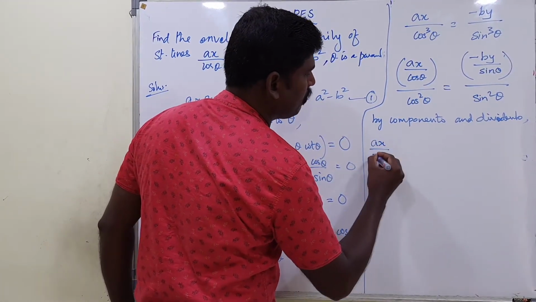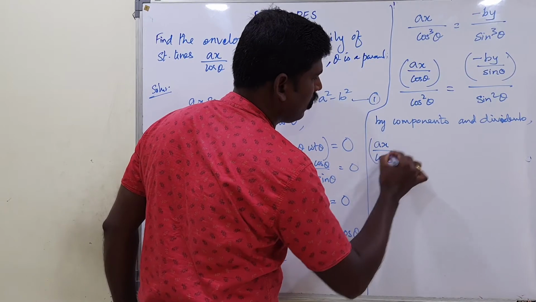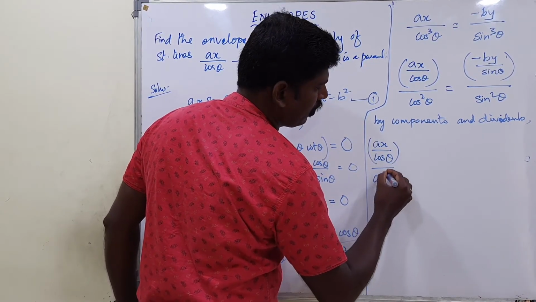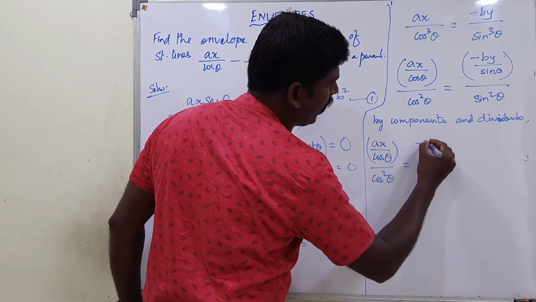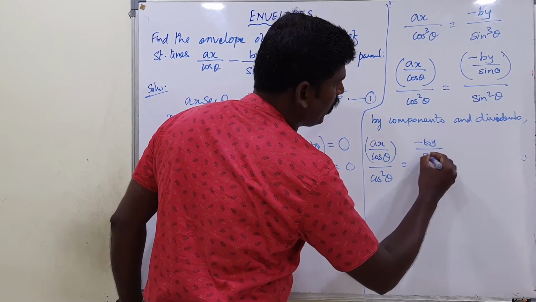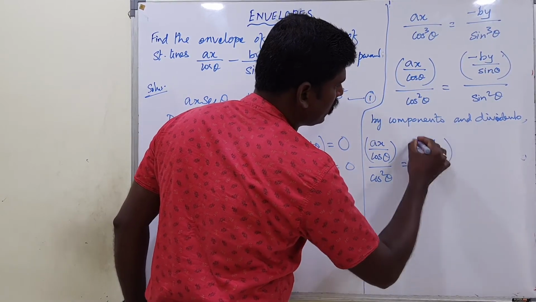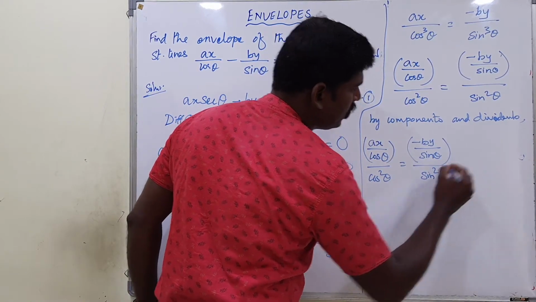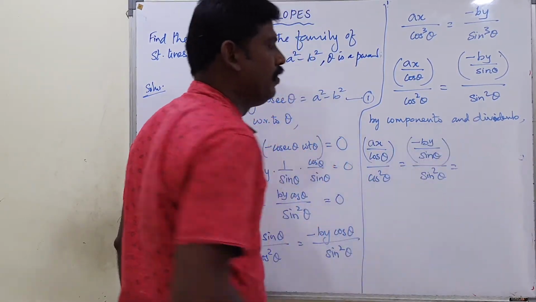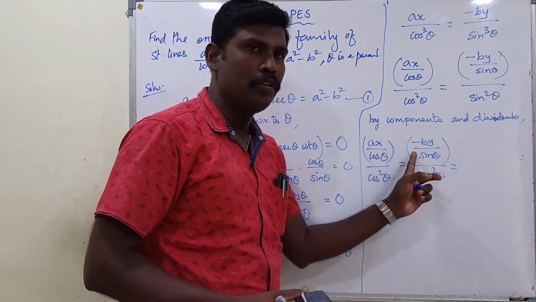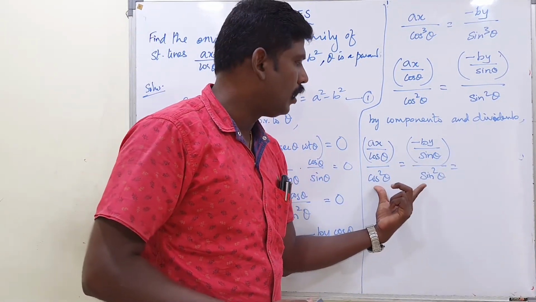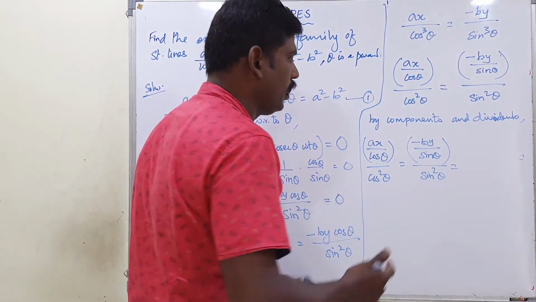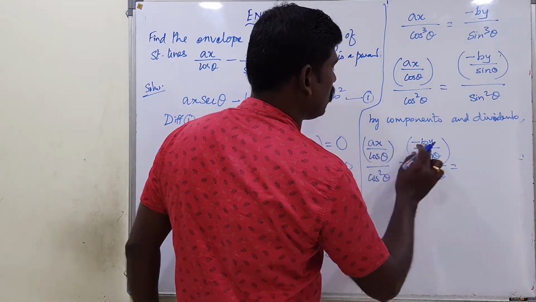Ax by cos theta by cos square theta is equal to minus by by sin theta by sin square theta is equal to, what is componendo and dividendo? Just adding the numerator with numerator and denominator with denominator. Okay, right? So that is equal to the sum of these two.